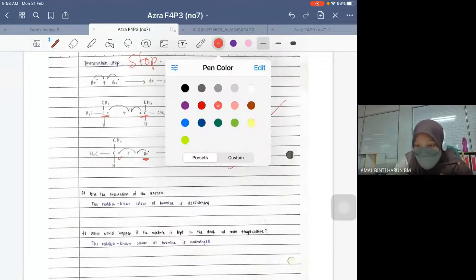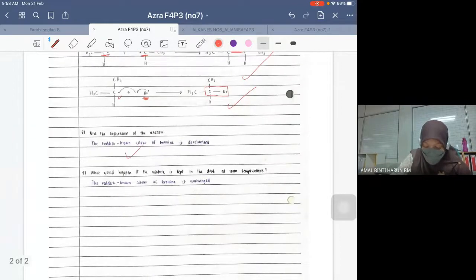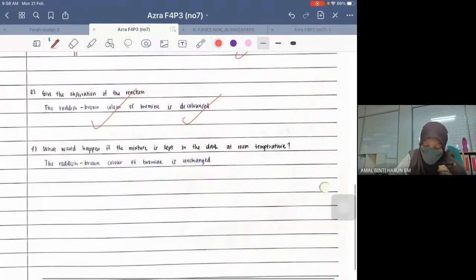Okay, last one. 2 minutes. Dia punya bromine tu kalau dia tindak balas, dia akan jadi reddish brown, colorless. Dia tak akan jadi decolorized ataupun kata dia colorless pun okey je. Okay. Kalau kita simpan dekat tempat gelap, tak ada UV, that's the reddish brown bromine color is unchanged. Maksudnya apa?